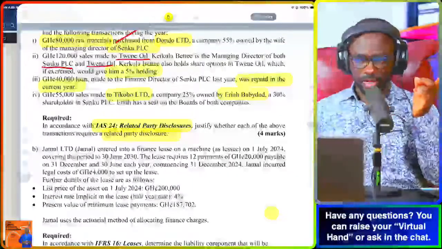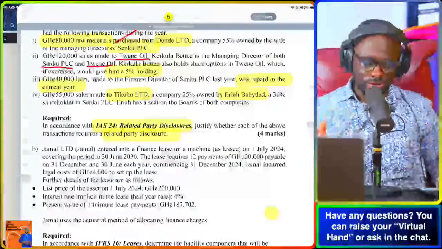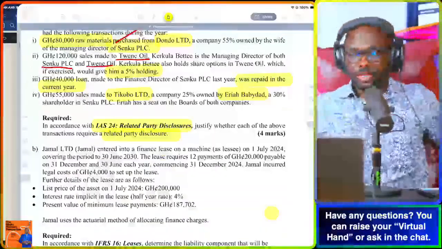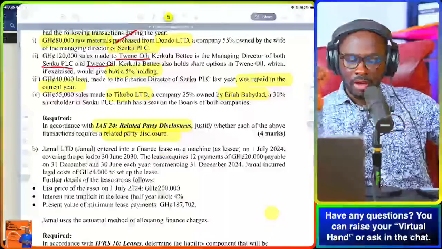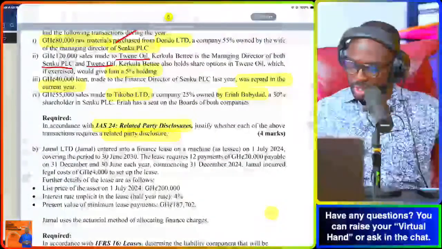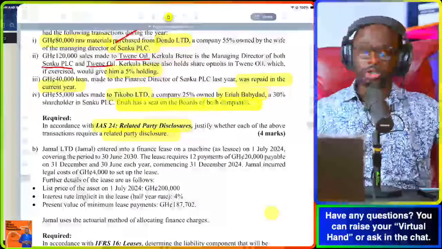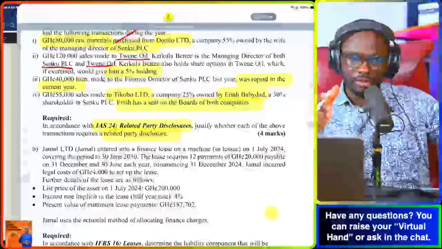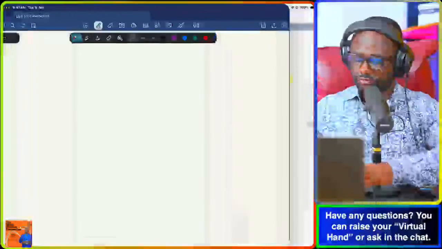Now, you got to be careful here. Do we make a disclosure? Yeah, we need to make a disclosure. Why are we making a disclosure? We are making a disclosure because Nhyira Baby Dad has representation on the board of both companies. So we make a disclosure for that as well because it's a related party transaction.